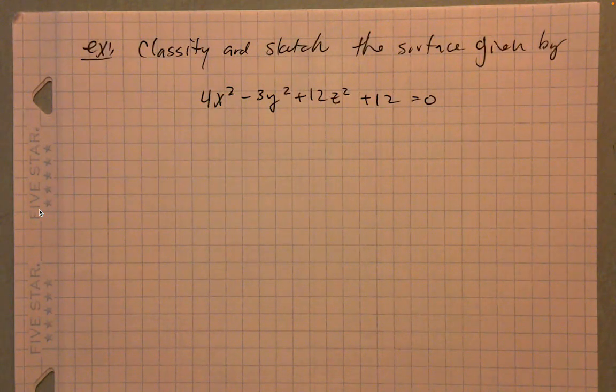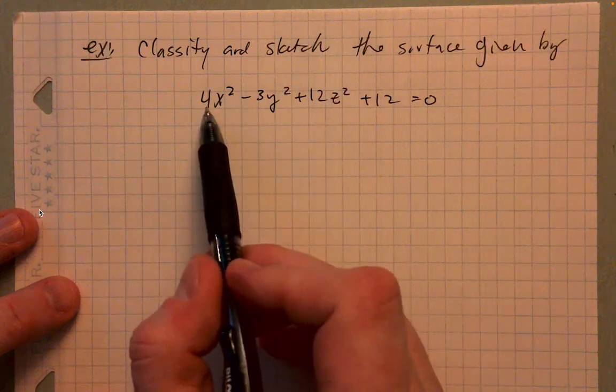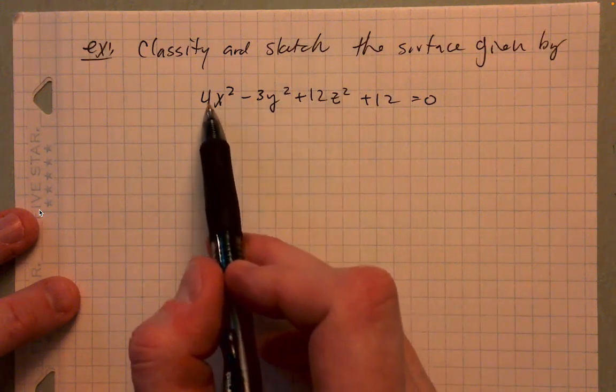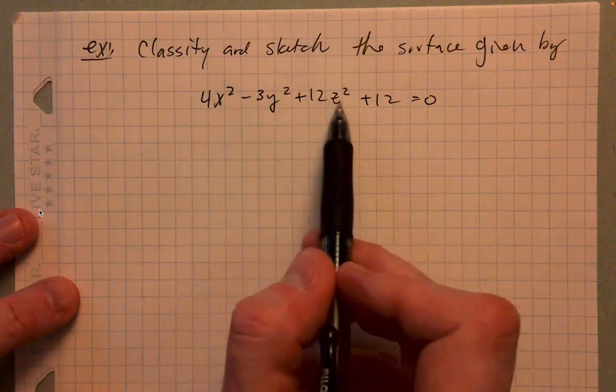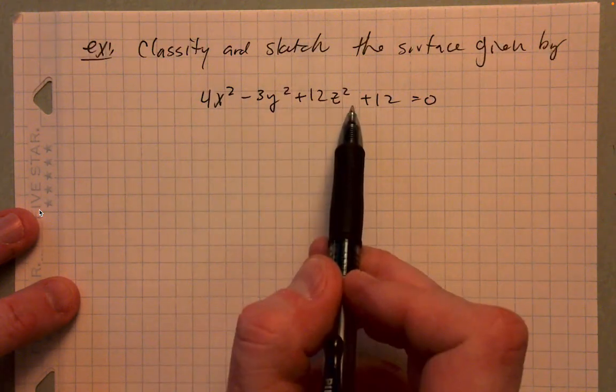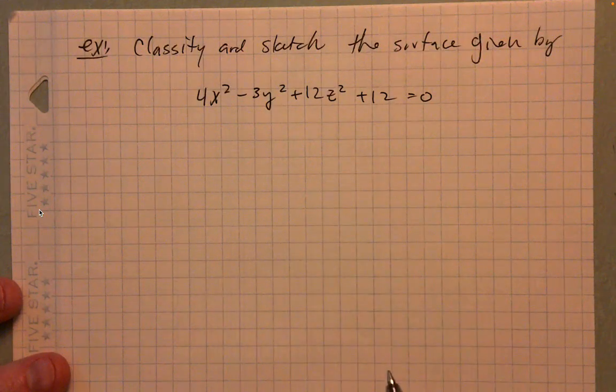So we're told that this is a surface, and this is the equation that represents it. So let's try to put this into standard form. Remember, all of the quartic surfaces have a 1 as the coefficient on the variables. And so what we can basically do is divide this all down, let's divide it down by negative 12.